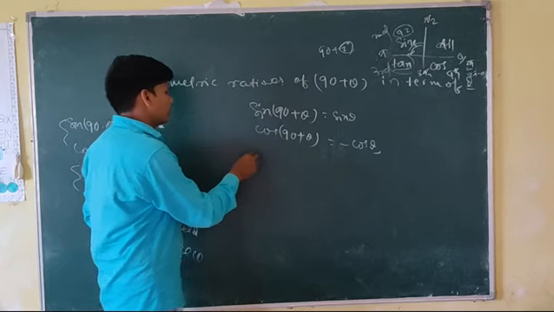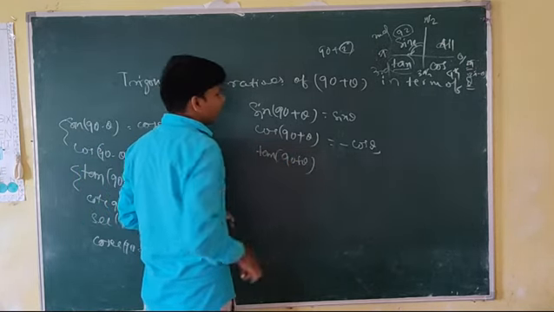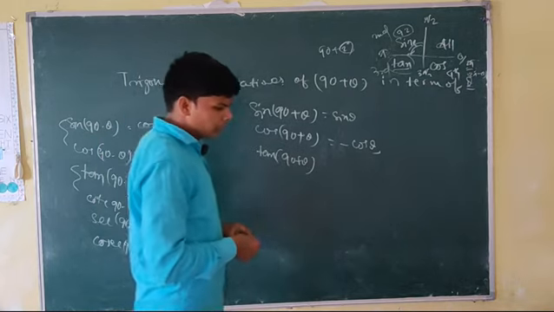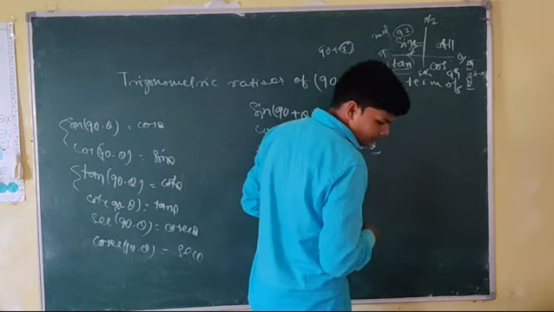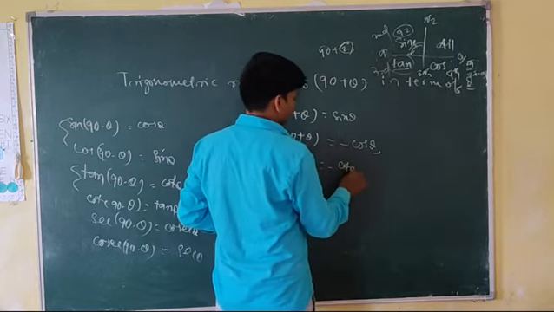Okay, now tan(90 + theta) will be minus cot theta. Why?